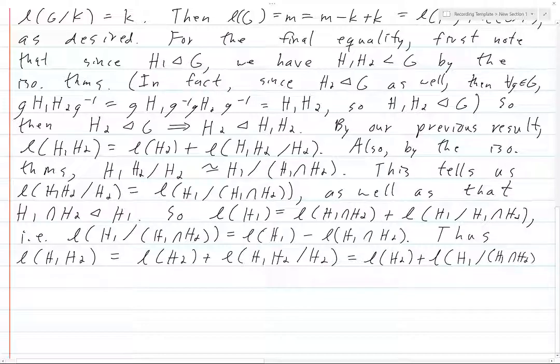So we keep the H2, but now we just plug in our previous formula, and we break up this quotient into the length of H1 minus the length of H1 intersect H2.